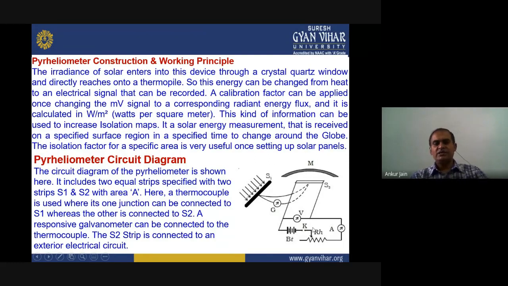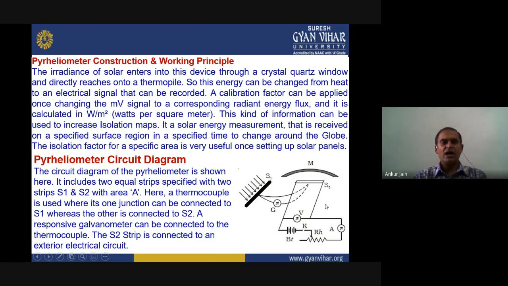A galvanometer is placed in between these two, S1 and S2, through the thermocouple. The S2 strip is connected to an exterior electrical circuit, where we have placed the voltmeter, the rheostat and the ammeter to control the current flowing through this circuit.